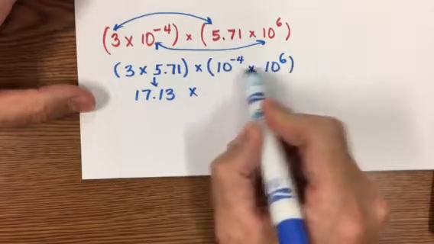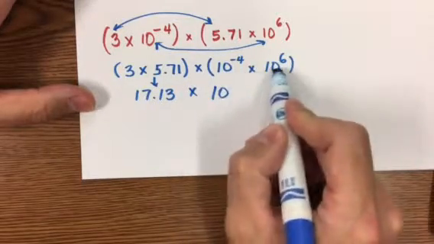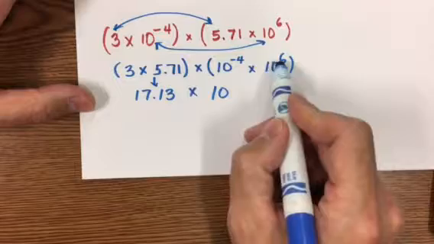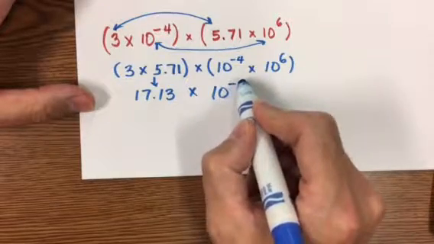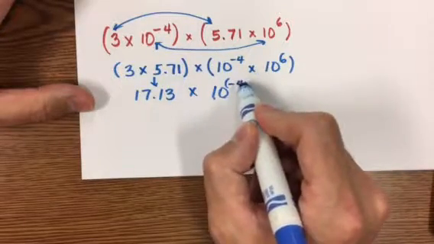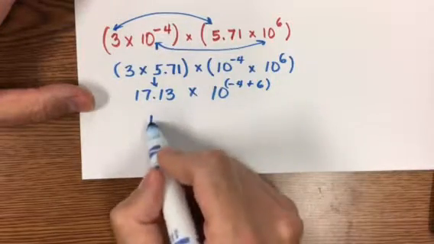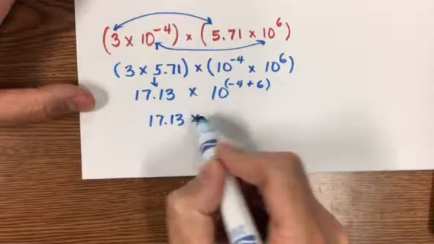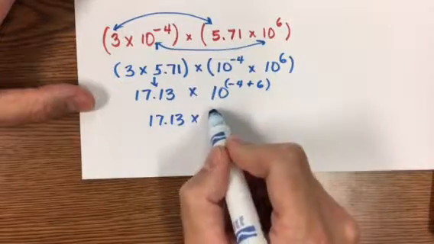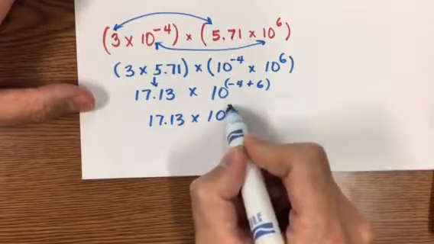Now the regrouping of this, remember when you're multiplying, all you do is add the exponents of the tens. So negative 4 plus 6. Now, that's going to be 17.13 times 10 to the negative 4 plus 6, which is 2.